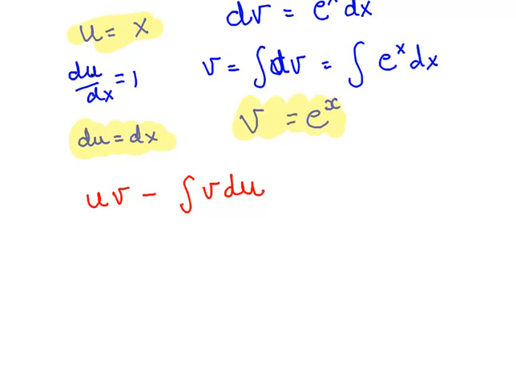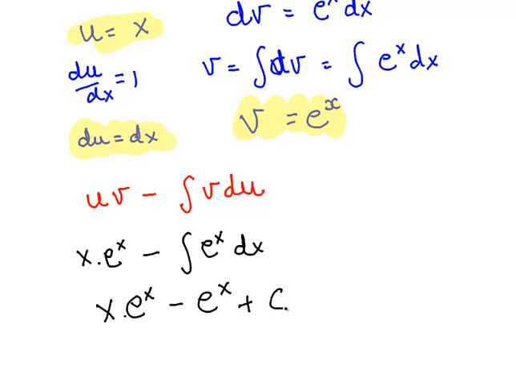So u times v is x times e to the x, minus the integral of v, that's e to the x, times du, and in this case du is simply dx. So the integral of e to the x dx is, again, just e to the x. So this is x times e to the x minus e to the x plus c. So that is the answer to the first one.